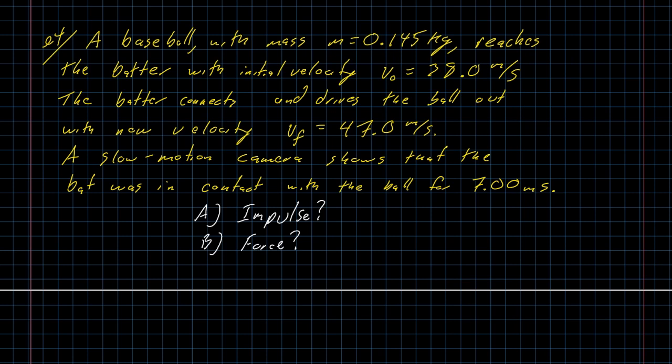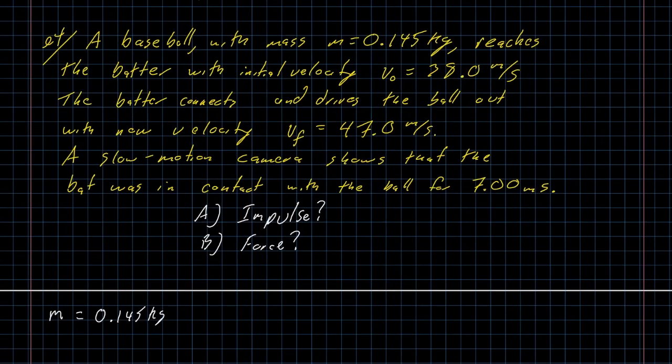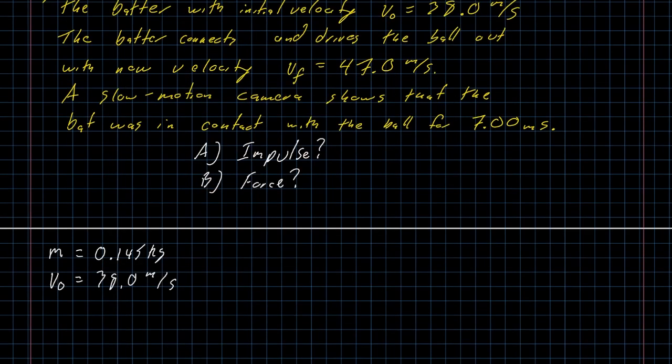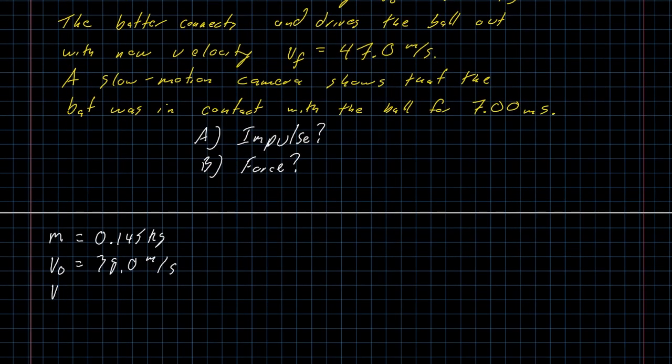All right, I'm going to slowly scroll this paragraph of information off of the screen, writing down just the key bits, all the values of the variables. So we've got a mass of 0.145 kilograms. We've got an initial velocity of 38.0 meters per second. We've got a final velocity, vf, of 47.0 meters per second.